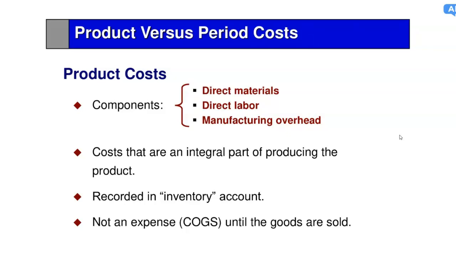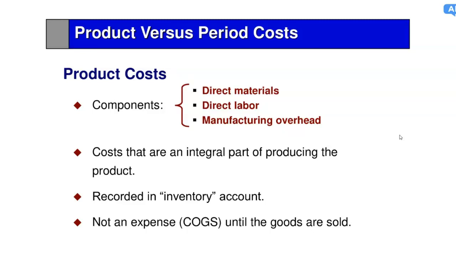It's not an expense. It does not become an expense until I sell the desk. And once I sell the desk, it then becomes the cost of goods sold, just like in a merchandise company. But you see, all the costs that went into producing that desk are cost of my inventory.